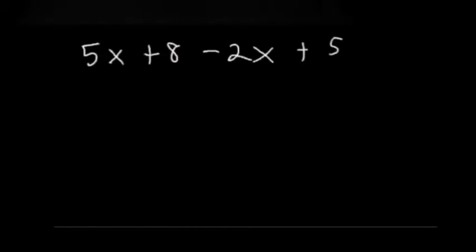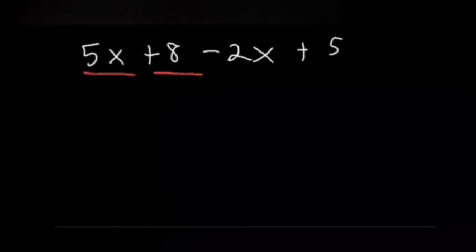Now let's take an example. We have 5x plus 8 minus 2x plus 5. Now as you can see, we have both like and unlike terms. 5x and 8 are unlike terms, but 5x and minus 2x are like terms because they both have x.